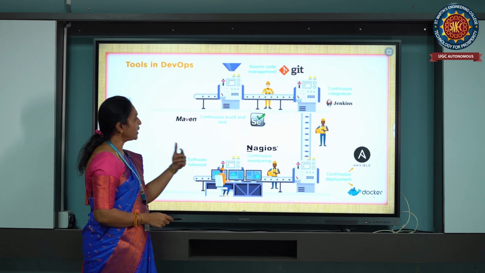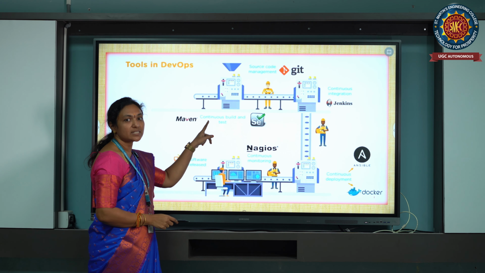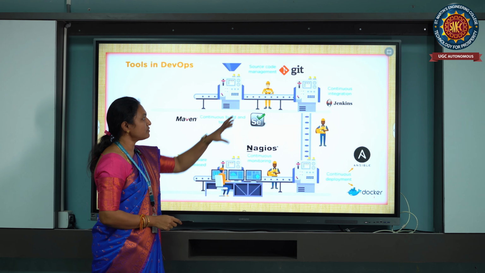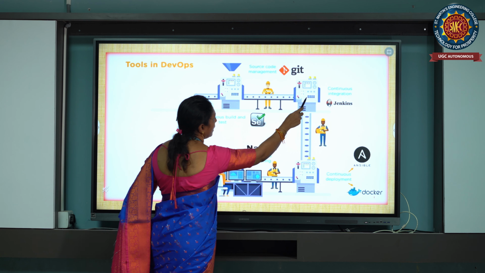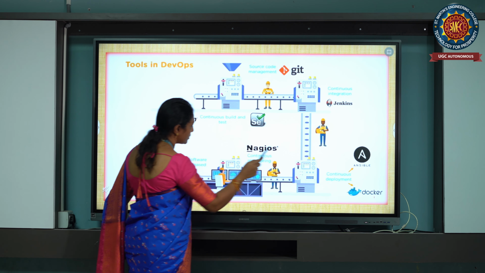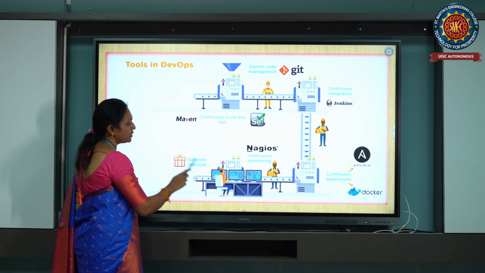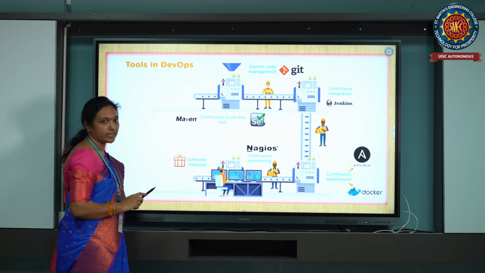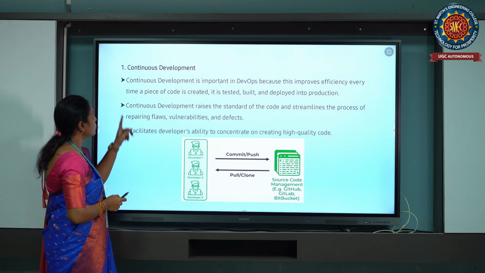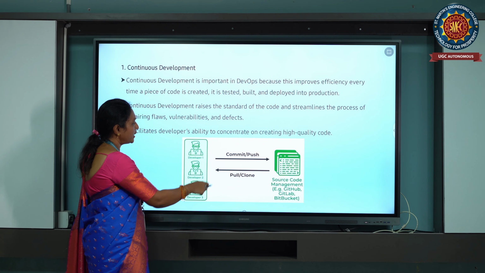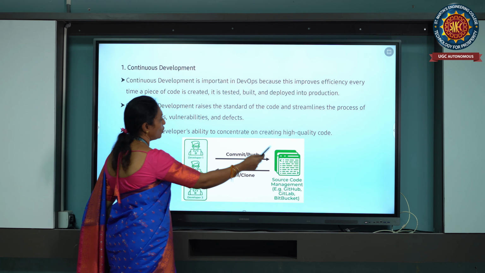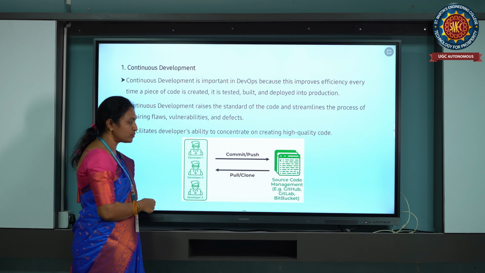So based on this symbol, we are calling it continuous. In every phase we are saying continuous build, continuous testing, continuous integration, continuous deployment, and then continuous monitoring. So in the continuous development phase, first the developers write the code and push that code to some source code management tool.